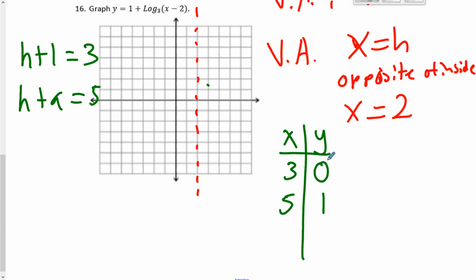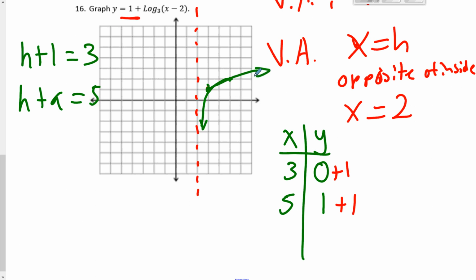So I'd have to add 1 to these, because that's plus 1 right here. So that would be 3, 1, and then 5, 2. And then I would connect them. It continues to go up here, doesn't flatten out. So there's my graph.